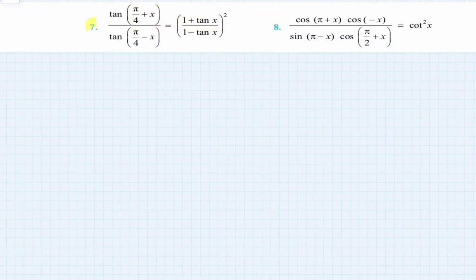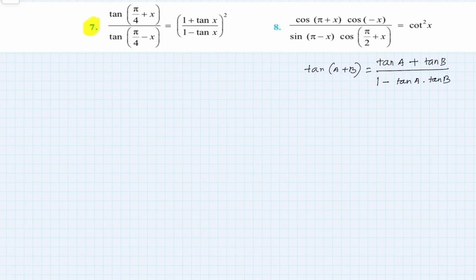Now let me show you how to solve question number 7. Here we are going to apply two formulae. Those are tan(a plus b) is equal to tan a plus tan b by 1 minus tan a into tan b.